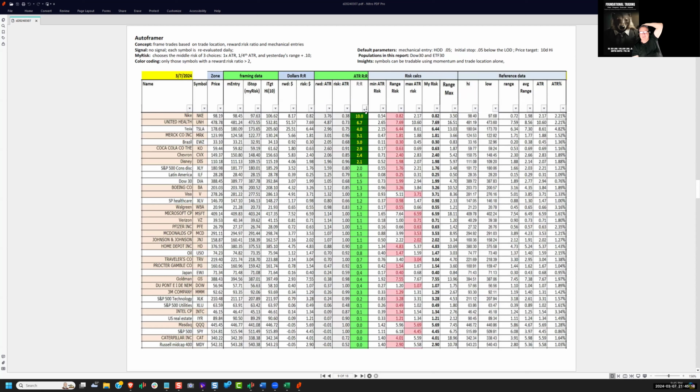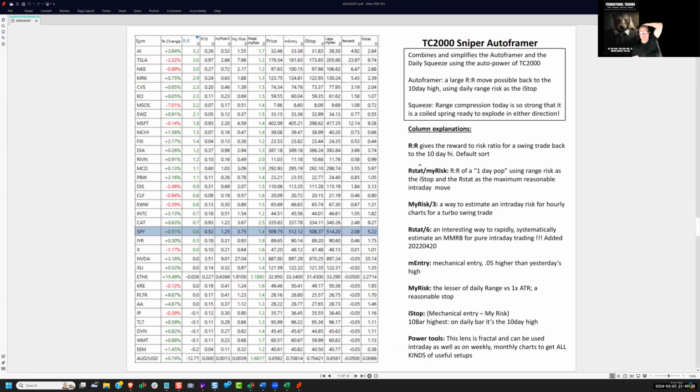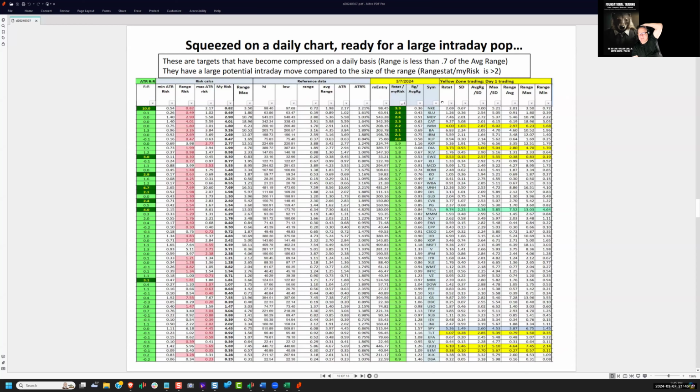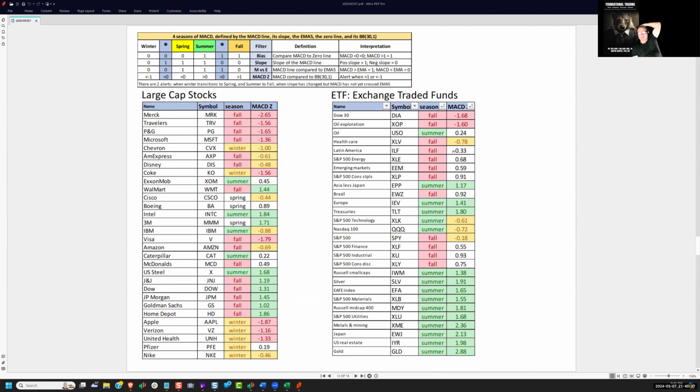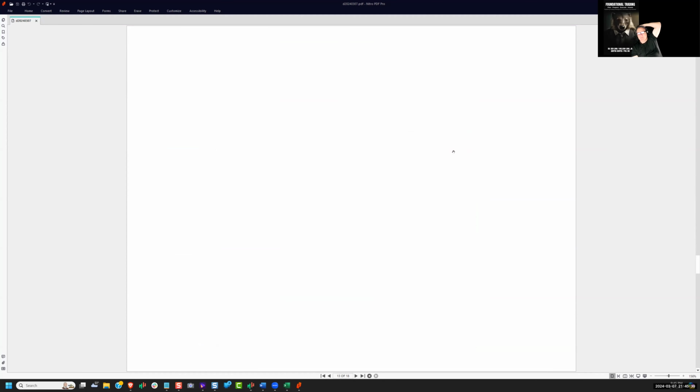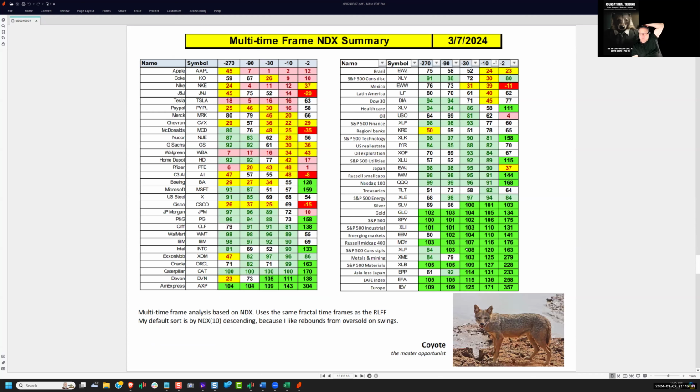10-1 on Nike on the auto framer. Oh. Some significant squeezes today. Nike, mid caps, the Russell, and Caterpillar. Still dominated by the summer, mostly just joy, hardly any pain today. Notice all the winners continuing to win.